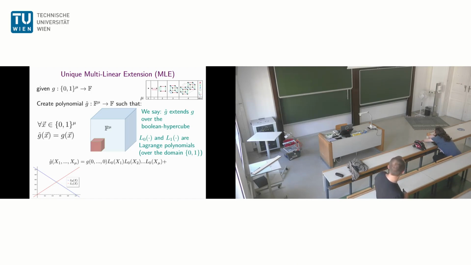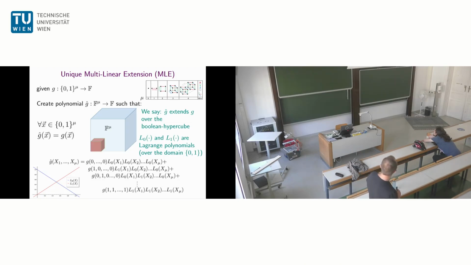So if we evaluate this polynomial g hat at 0, 0, 0, 0, then this sequence will be 1, because we have a bunch of 1s. If here is anything that is not all zeros, pardon, but if there is just one, then this or that Lagrange polynomial will be 0, and therefore this entire term will just drop away. Okay.